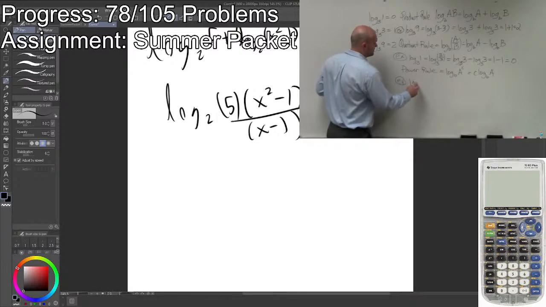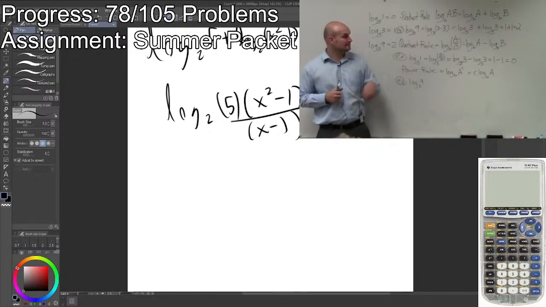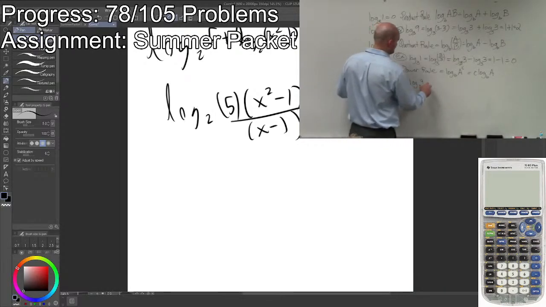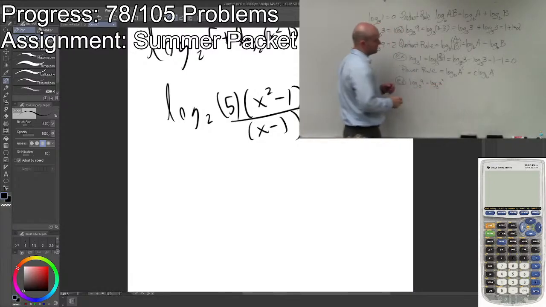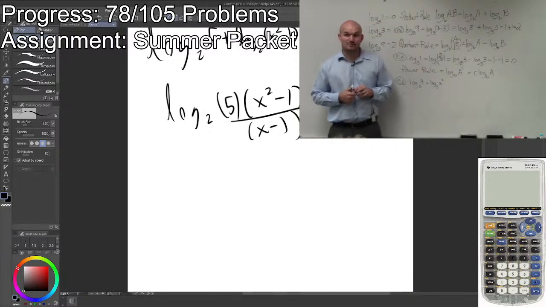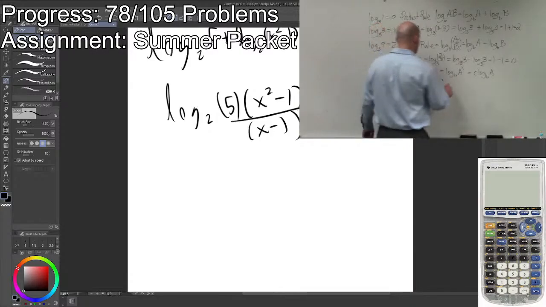Example: log base 3 of 9. We know that answer's 2, correct? Now, can I rewrite 9 as 3 squared? Of course I can. Now, based on this rule, if I have a term raised to a power, I can put the power in front as a product.